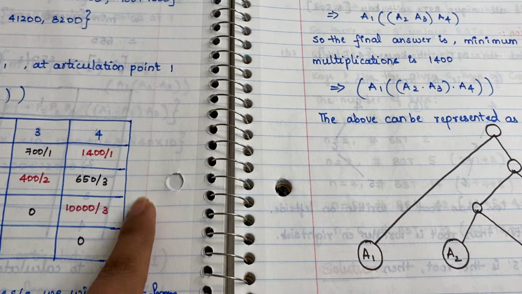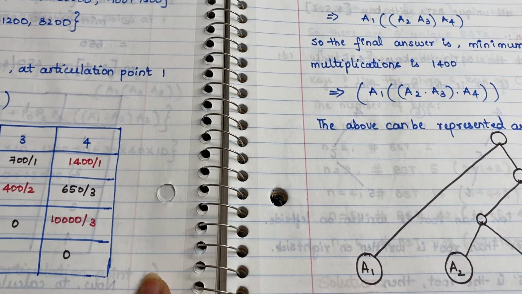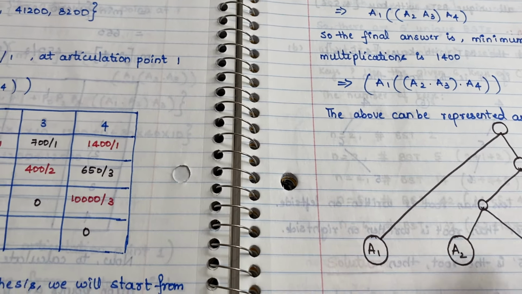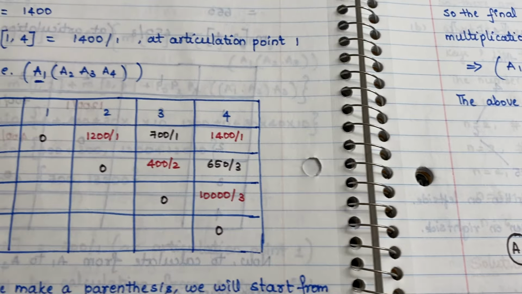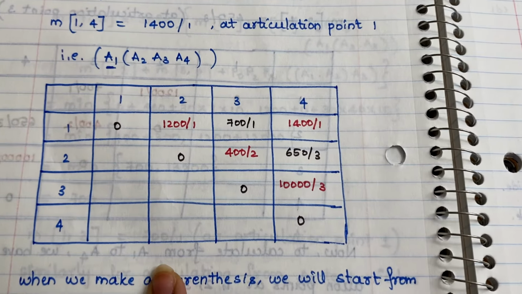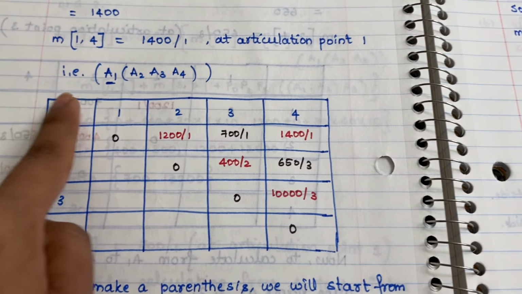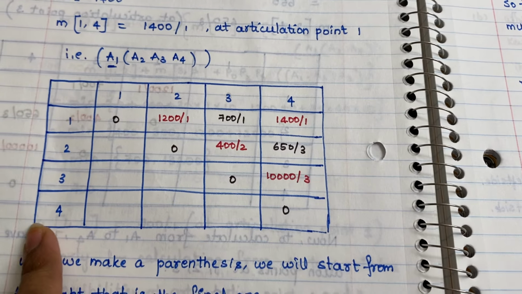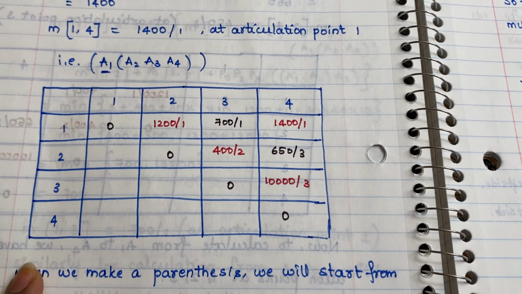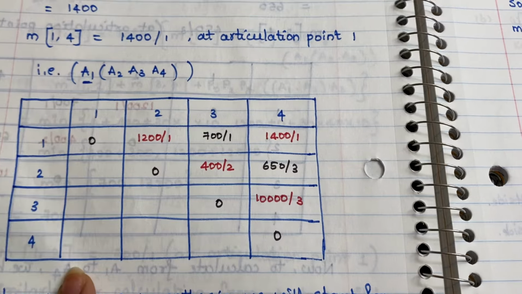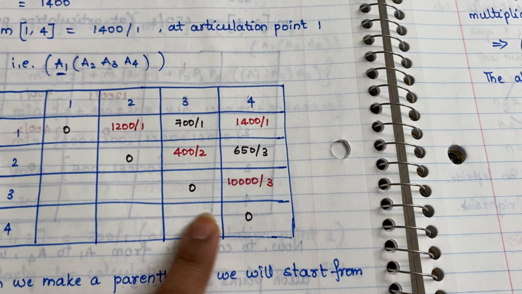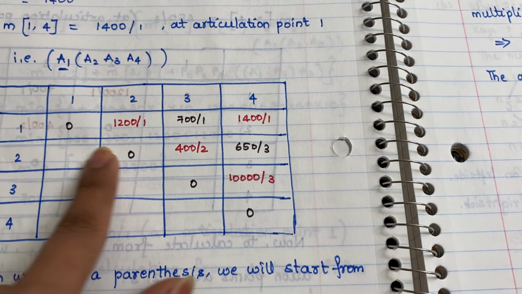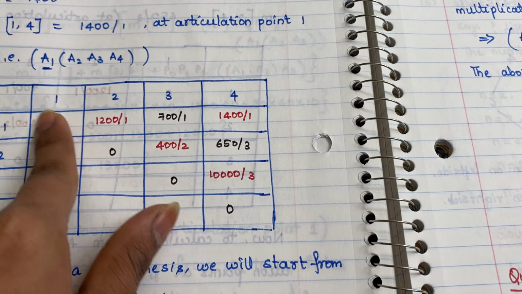Similarly, we can do it for n number of matrices, even for 5, 6, 7, 10, up to n number of matrices. The only point we need to remember is making a tabular form for the number of matrices given to us, and filling the table in the diagonal format.